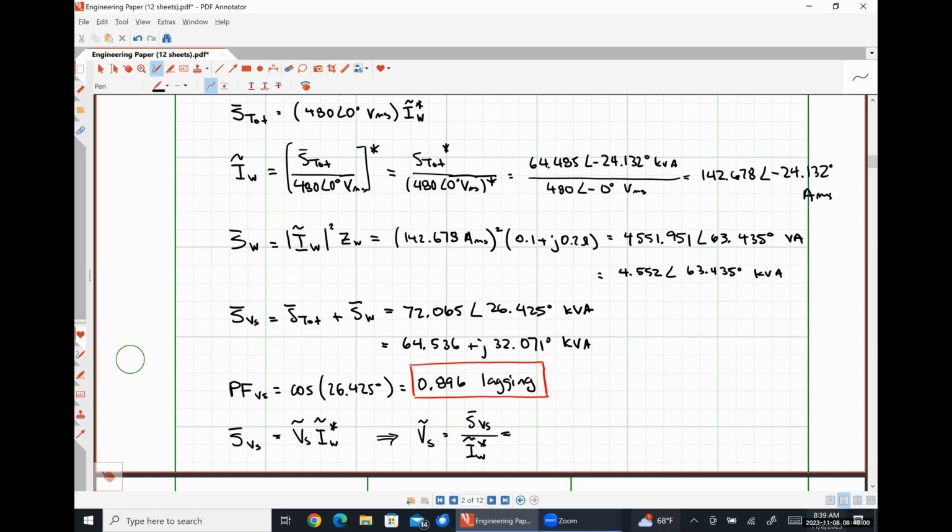Having to look back to see what I saved these things as, I believe this is going to be C divided by conjugate of A.